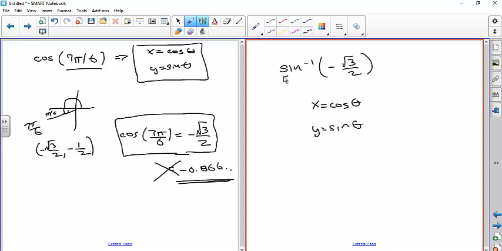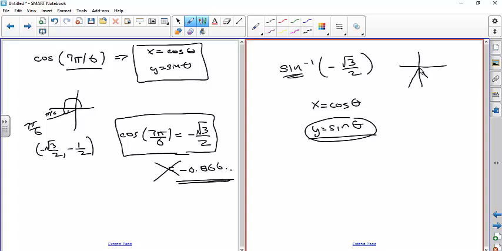So now when I say inverse sine, that means I'm looking for somewhere in the unit circle where the sine is negative the square root of 3 over 2. It turns out there are going to be two solutions to that. If you looked for where the y coordinate is negative the square root of 3 over 2, you'd find there'd be two places.